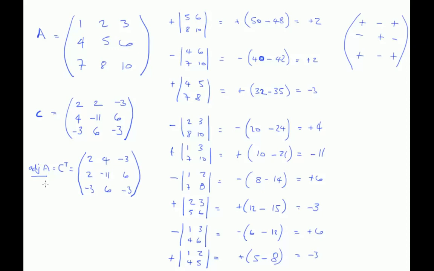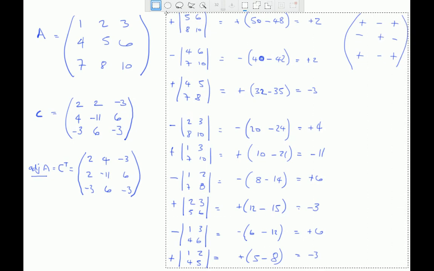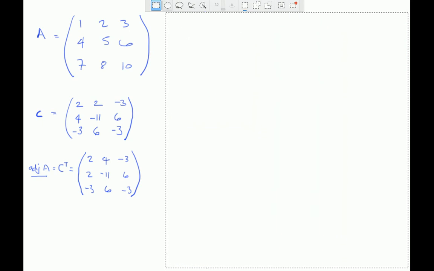Now that we have the adjoint of A, if I make a bit of room, so if we just get rid of all these calculations that we were doing, we can now come on to calculate the inverse of the matrix A, which is what we need to use.